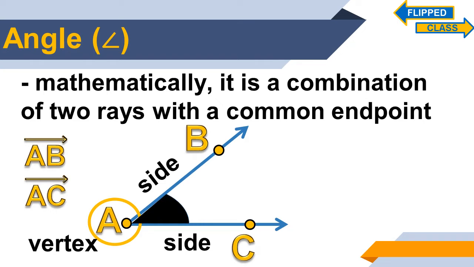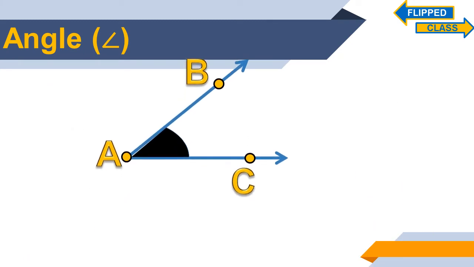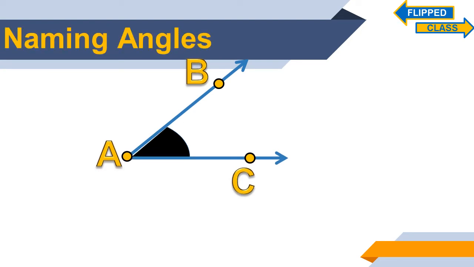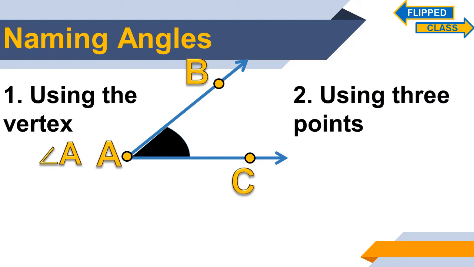This shaded figure is what you consider as an angle. Angles are measured in degree measurement. Consider the same figure. How do we name this angle here? Well, you have three different ways to name an angle. Let's start with the first one. We can name an angle using the vertex. Our vertex is point A, and therefore we can name this one angle A. You can also name an angle using the 3 points found in your angle.